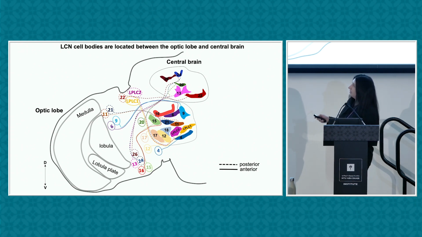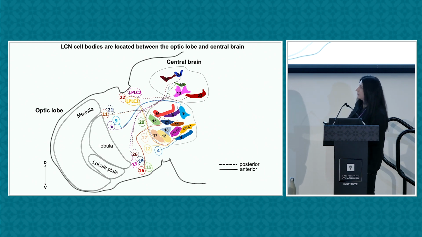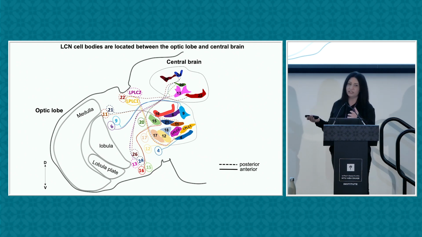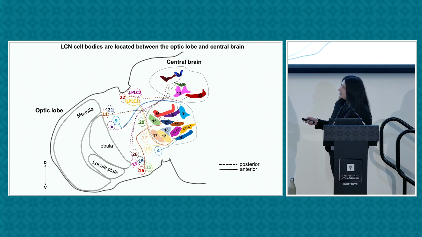The different colors represent the different optic glomeruli, and each one of these circles represents a different subtype of lobular columnar neuron. And these dotted lines represent LCs that are located posteriorly. So for example, here, LC11 and 21 are located behind LC6 and LC9.